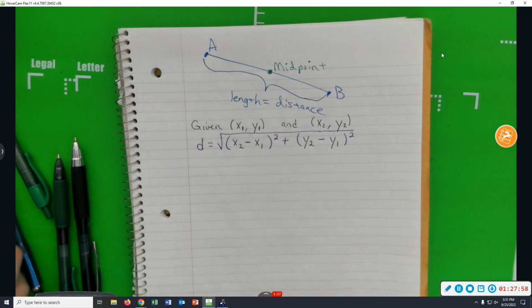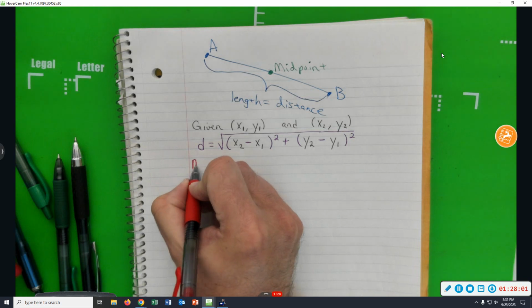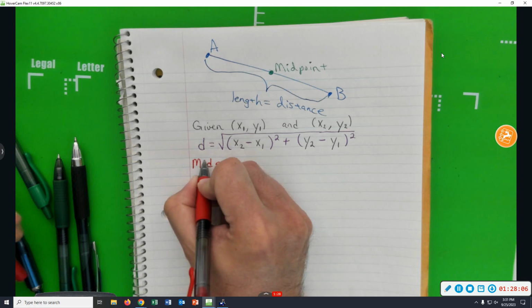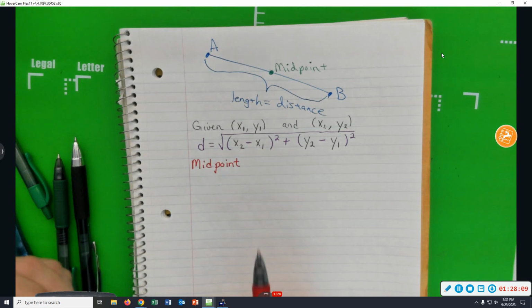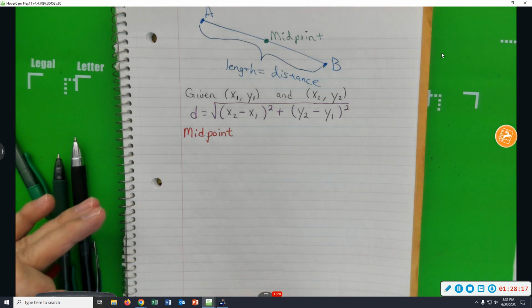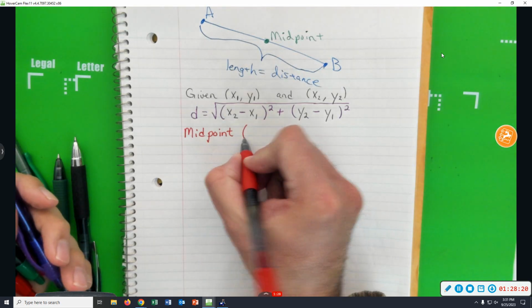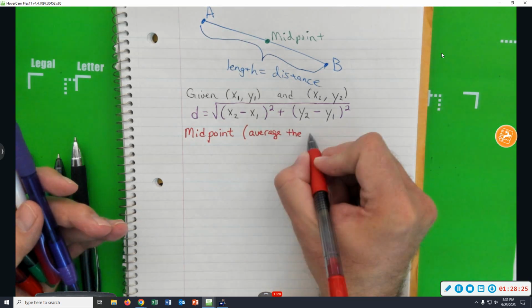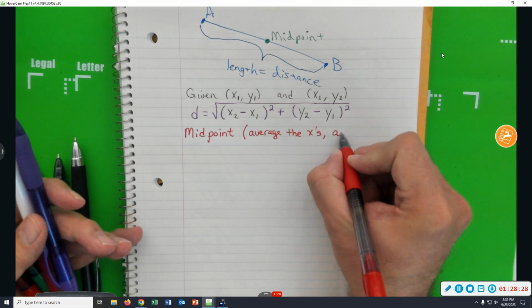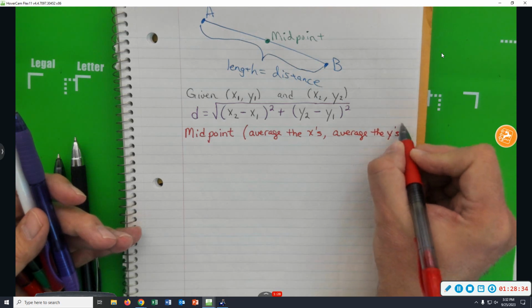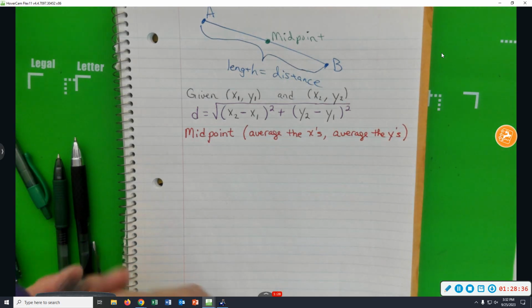Now, I'm going to go ahead and state the midpoint formula. If I gave you two numbers and said to average them, could y'all tell me how to average two numbers? What would I need to do? Add them up and divide by 2. That's how you're going to get the midpoint. You average the x's and then average the y's. And by average, I can't just leave it like that in words.